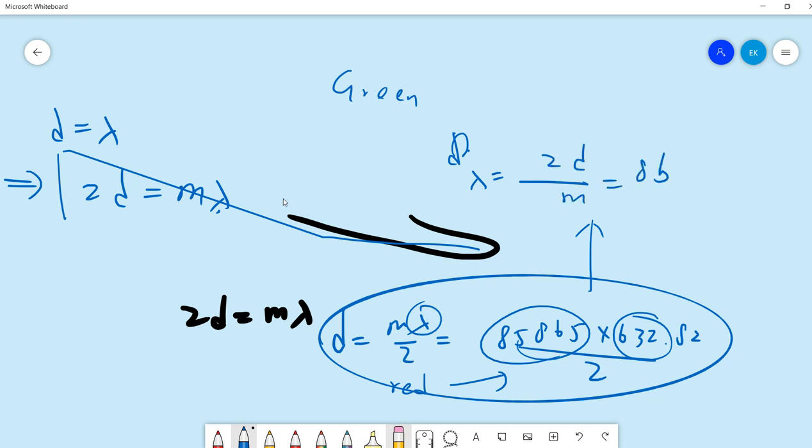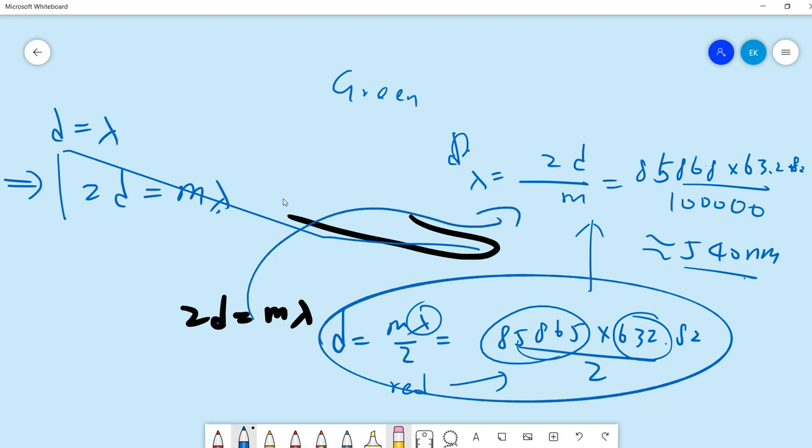So we first use the red equation to solve d, and then we use d to get the green. We plug d into this, and then we plug m, then we get the green.